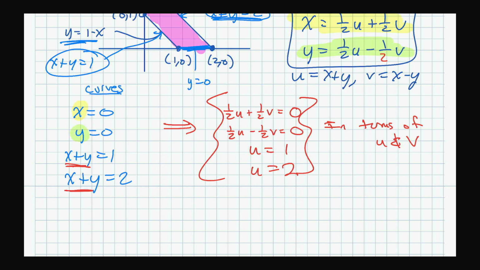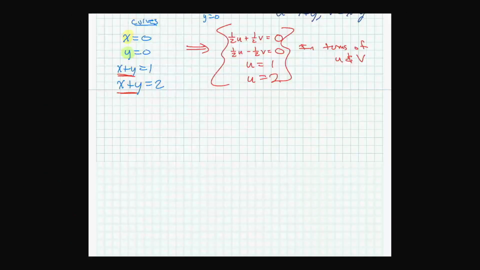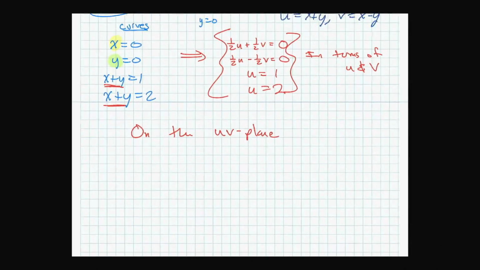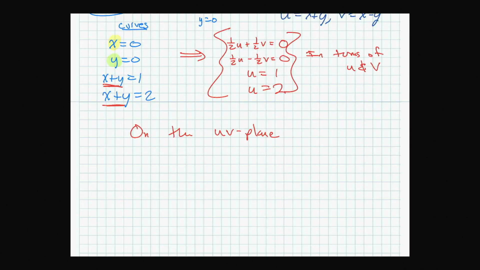And so if you were going to figure out what this region looks like on the UV plane, you actually have to graph all four of these. Well, you don't really have to, but we could.